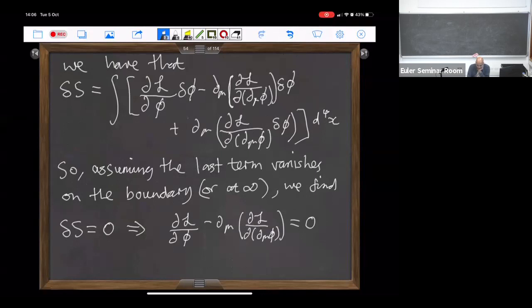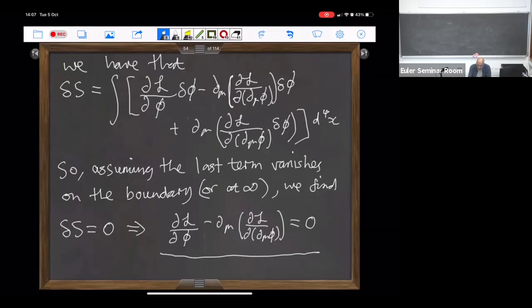But since the third one is a total divergence, that will be assumed to vanish at the boundary of space if we're just working in a fixed region of space-time, or if we're working on the full space-time at infinity. So that then implies that the first two terms have to cancel each other out, and we get this set of equations here.